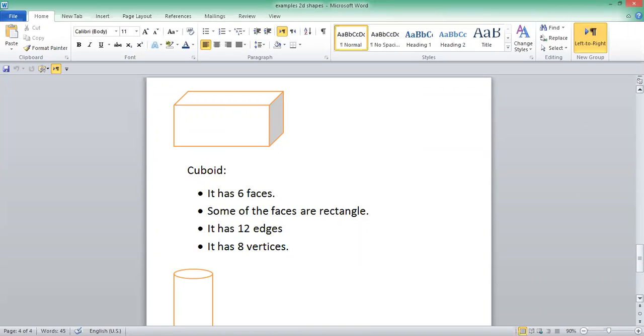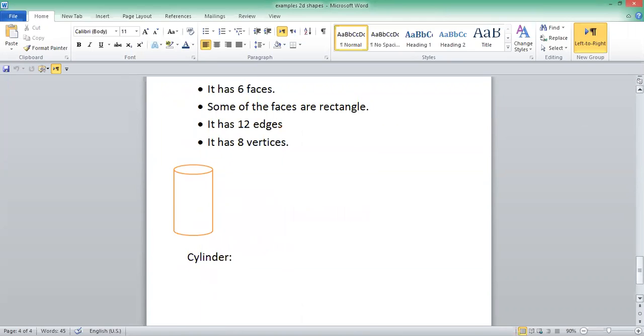Okay, then we started the third one, that is cylinder. We discussed yesterday that a cylinder is having 3 faces. Two of the faces of the cylinder are flat, and one of the faces is curved.